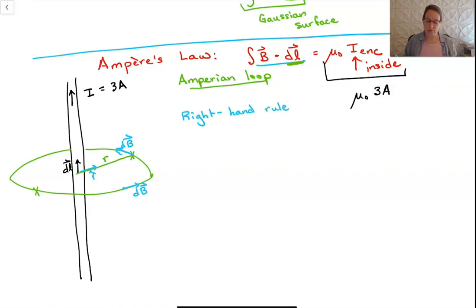This right-hand rule says that we put our thumb of our right hand in the direction of the current, so in this case up, and then our fingers curl around. The curling of the fingers gives us the direction of the magnetic field. So it's sort of the curling around right-hand rule.